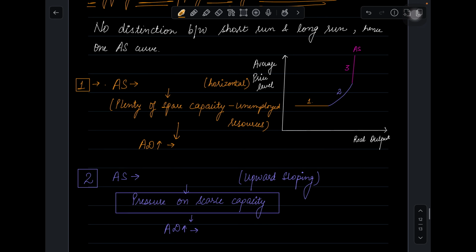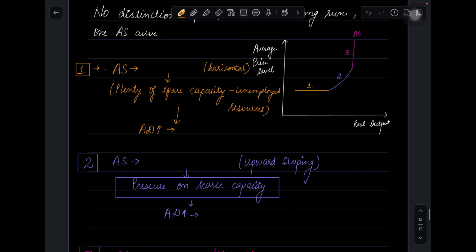You can see the graph here. This aggregate supply curve is basically divided into three sections. In section 1, the aggregate supply curve is a horizontal line, which means at this price quantity can be increased, and if the price is changed, quantity can be decreased to 0.